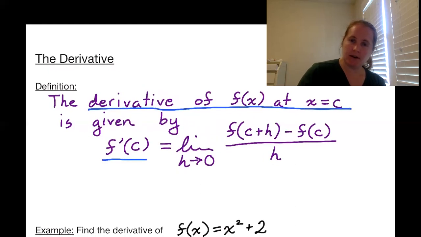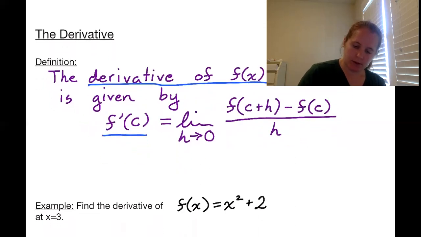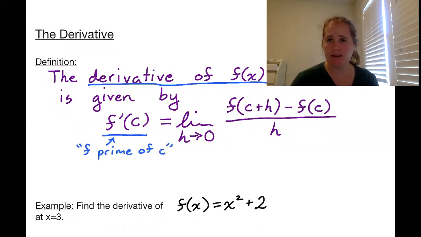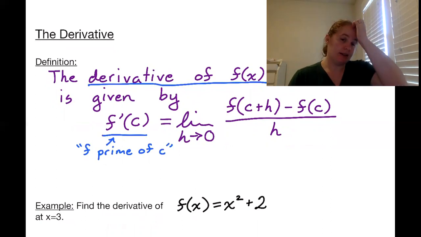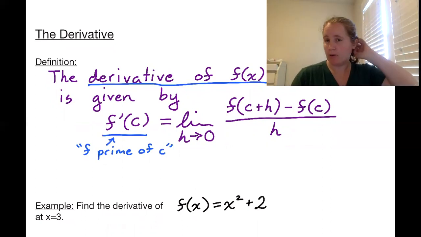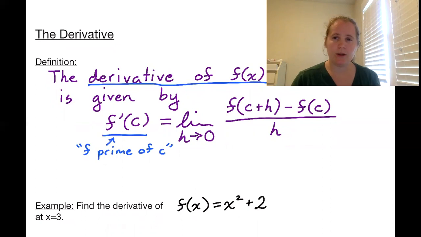And we sometimes say this as f prime of c. So if you hear me say f prime of c, that's just basically reciting how it's written. It's another way that we refer to the derivative of f at c.